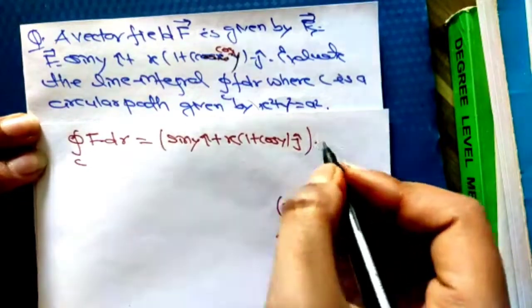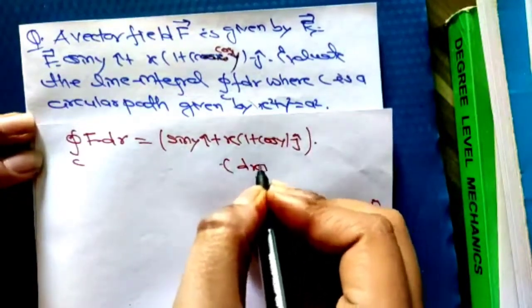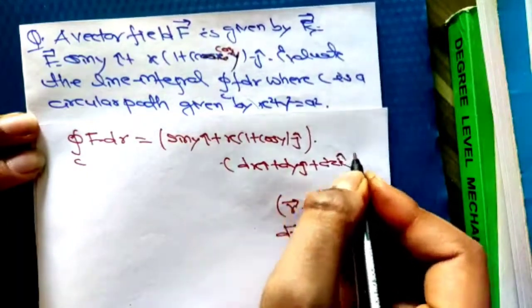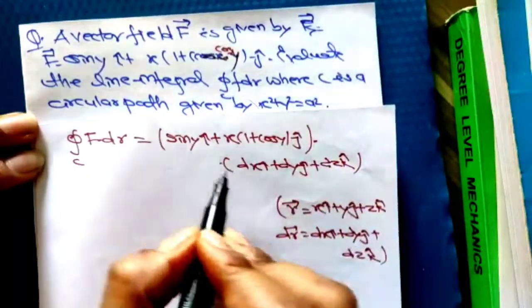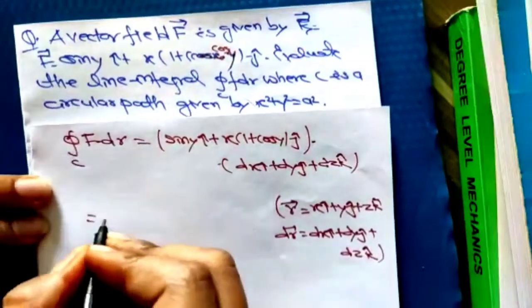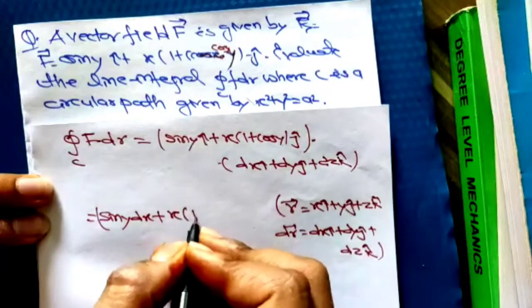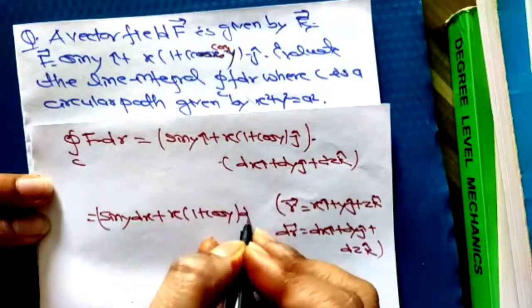So put the value here. After this, we find the dot product of each term. We get sin y dx plus x(1 + cos y) dy.